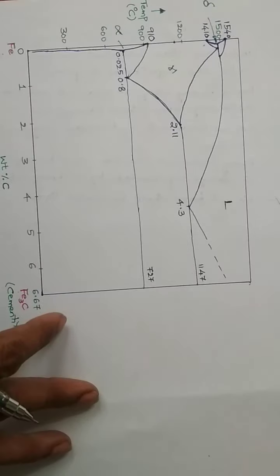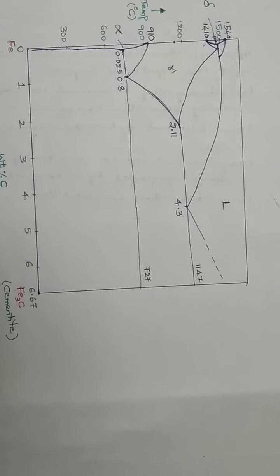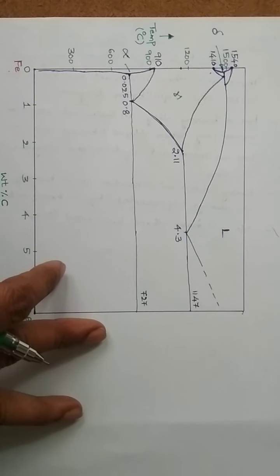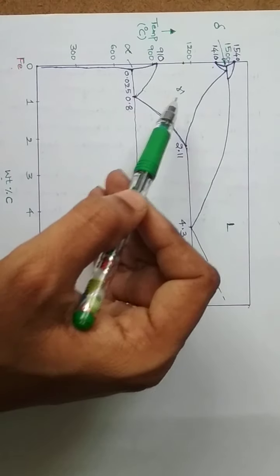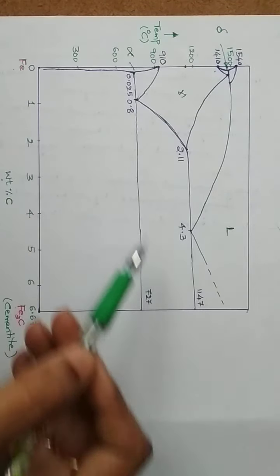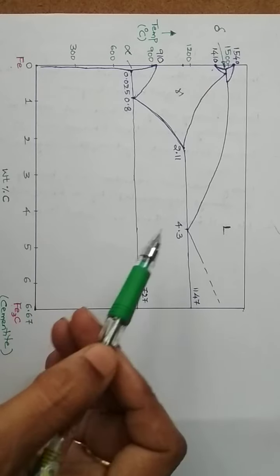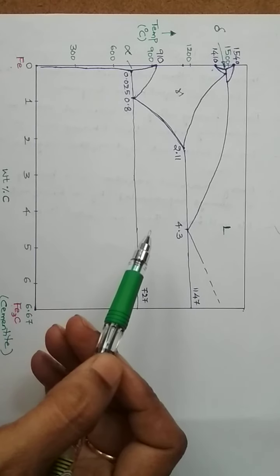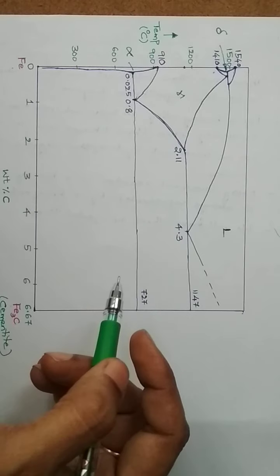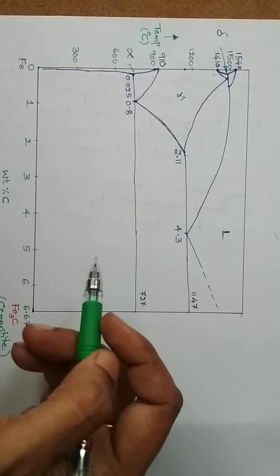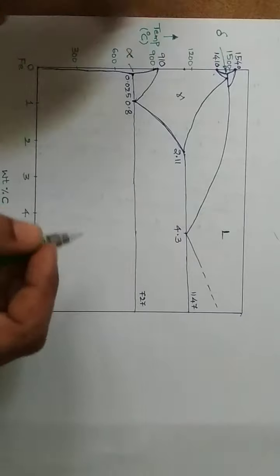Now that we have identified the single phase regions, liquid, delta, gamma and alpha, let us identify the phases in the remaining regions. All these regions contain two phases, so using the tie line principle we can identify them.